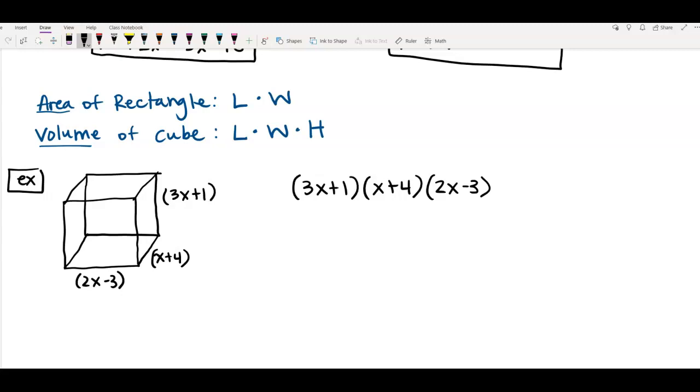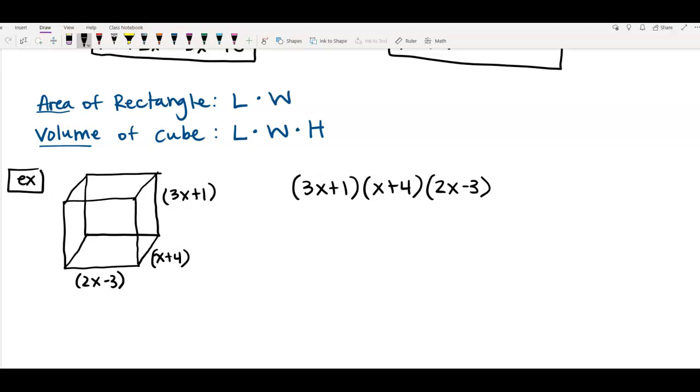So let's go ahead and try this, but can I have somebody's help or suggestion on this? How do you think would be a good way to go about trying to multiply all three of these terms together? Maybe do the first two, and then when you get that answer, multiply the third one.